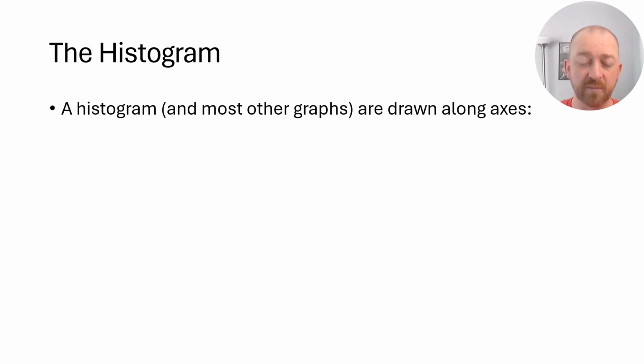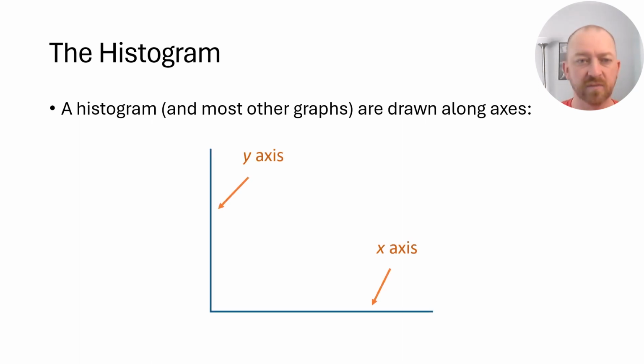So the histogram is drawn along two axes, and most of your charts and graphs are going to be along these two axes. You probably remember this from junior high math, but let's quickly review. The horizontal axis is referred to as the x-axis, and the vertical axis is called the y-axis. You usually see the y-axis on the left side, although not always.